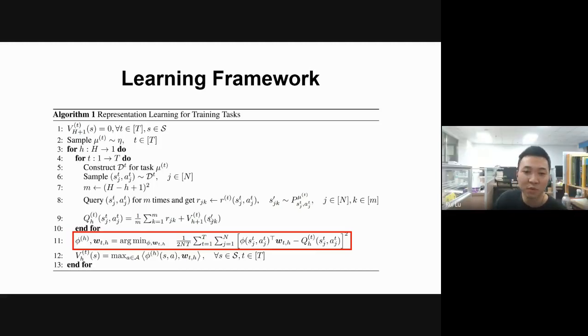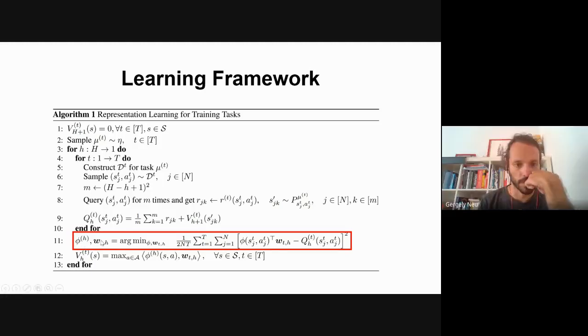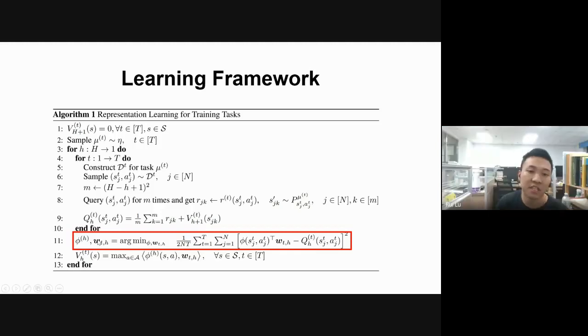What we are really interested in is whether this empirically best phi and W have some performance guarantee in a new target task. So we care about the generalization. But how hard it is, or what exactly the method is, how fast this algorithm is to solve this, is not the main point, or it is an orthogonal problem to our work.